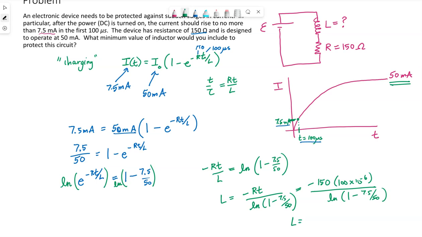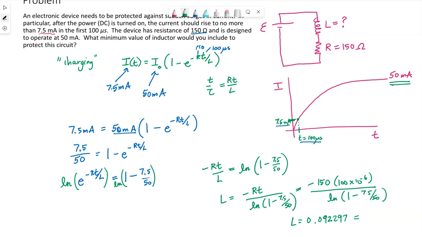Let me plug this into my calculator. My calculator is giving me 0.0922297, which of course I can't keep all these places.